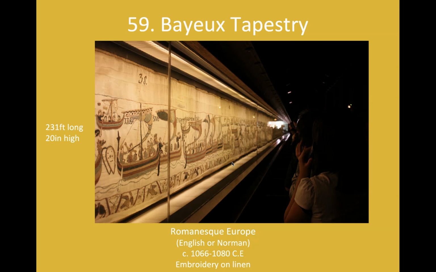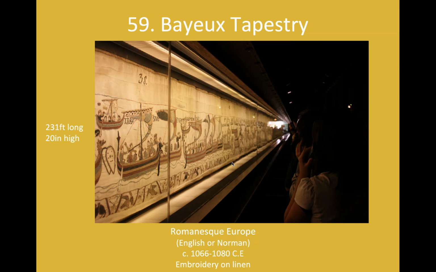So let's watch how this takes. What happens? Let's story time. So the King of England was Edward the Confessor, and he dies. And when he dies, Harold takes over as king. Except William had been told that he would be the king when Edward the Confessor died.